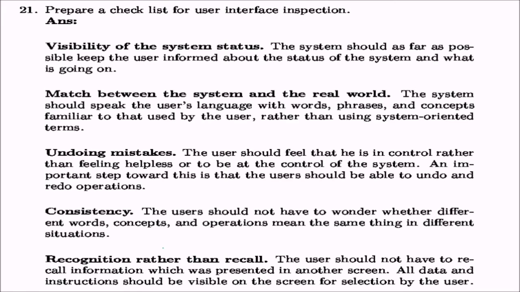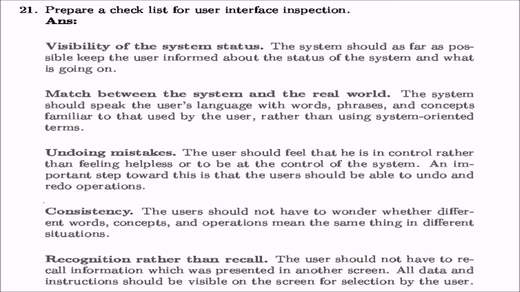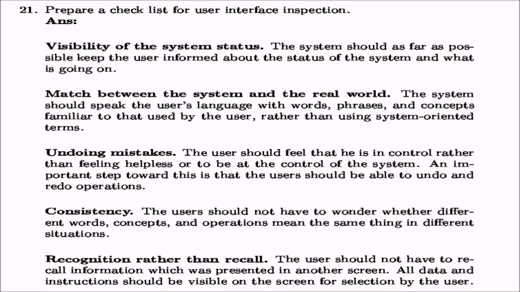Then we have this question: prepare a checklist for user interface inspection. Now you are provided a user interface and you want to inspect it. What will be the checklist? First, you will check for the visibility of the system status. Then you will see the match between the system and the real world. Then whether undoing mistakes is possible or not. Then you will see the consistency.